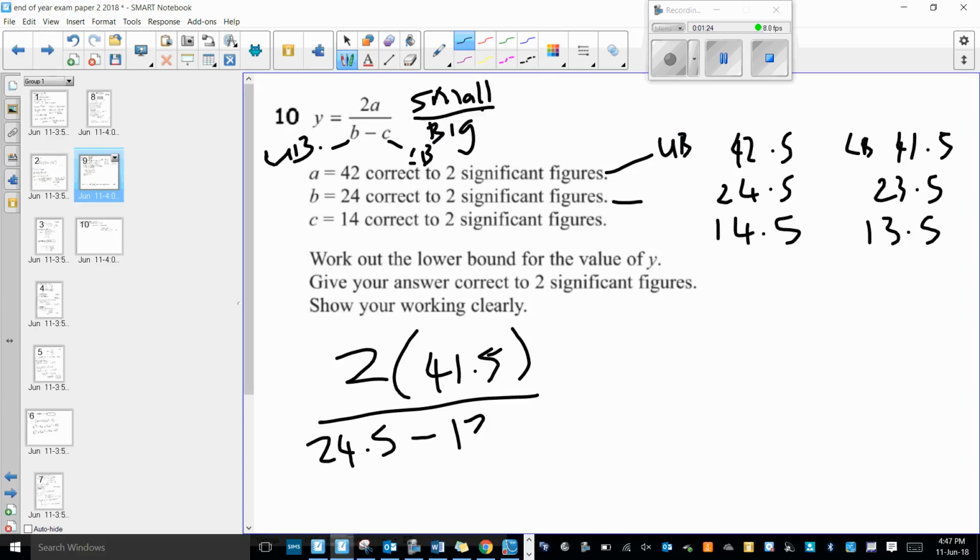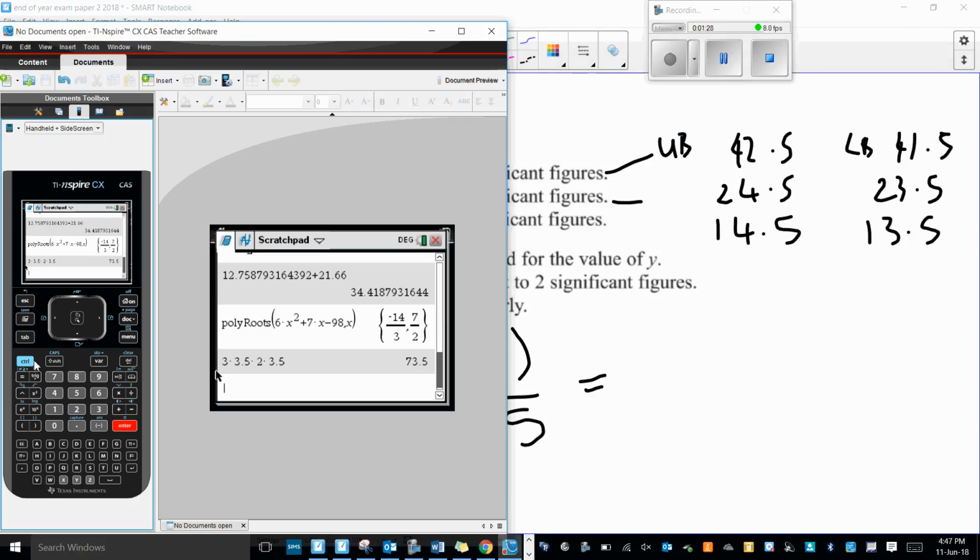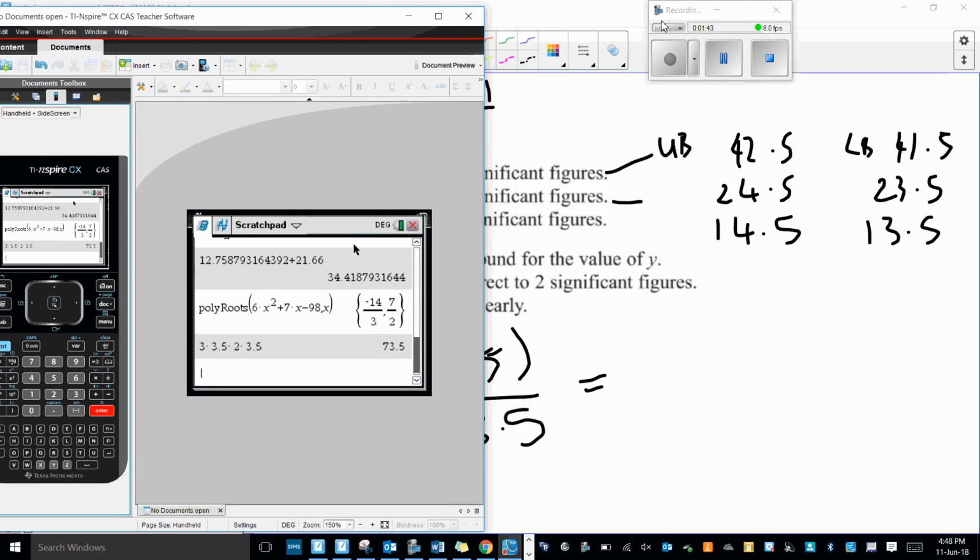I'm trying to put it in fraction form. Alright, so I press this button here to get this.